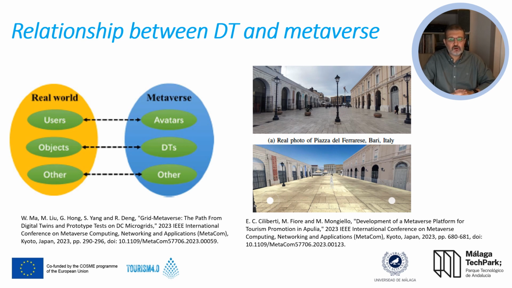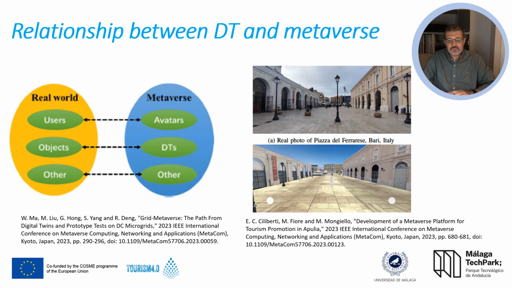The previous two works are only based on the use of 3D information for representing buildings or ruins. This work is a step beyond this. They include the real object as digital twins with the user as avatars in a metaverse. These metaverses are used so that the user, by using their avatar, interacts with the digital twins.